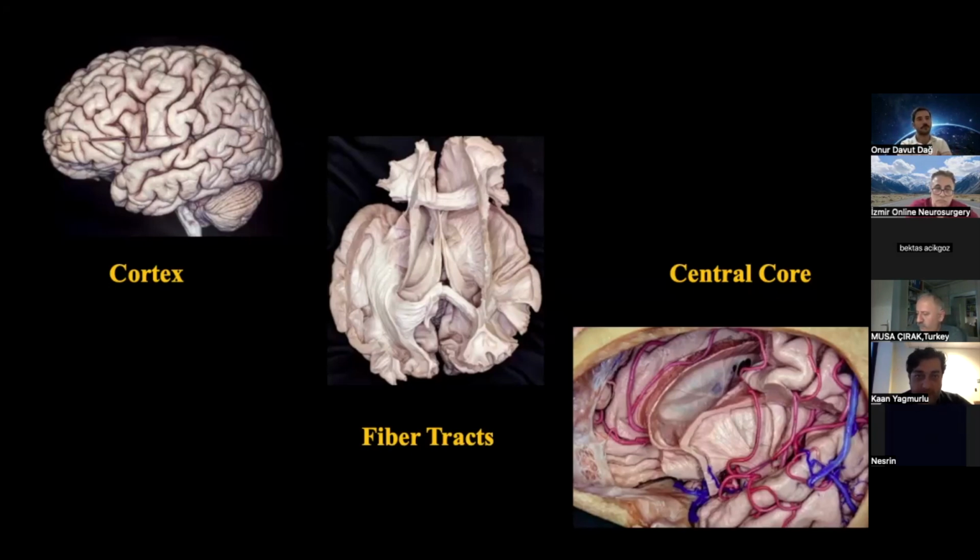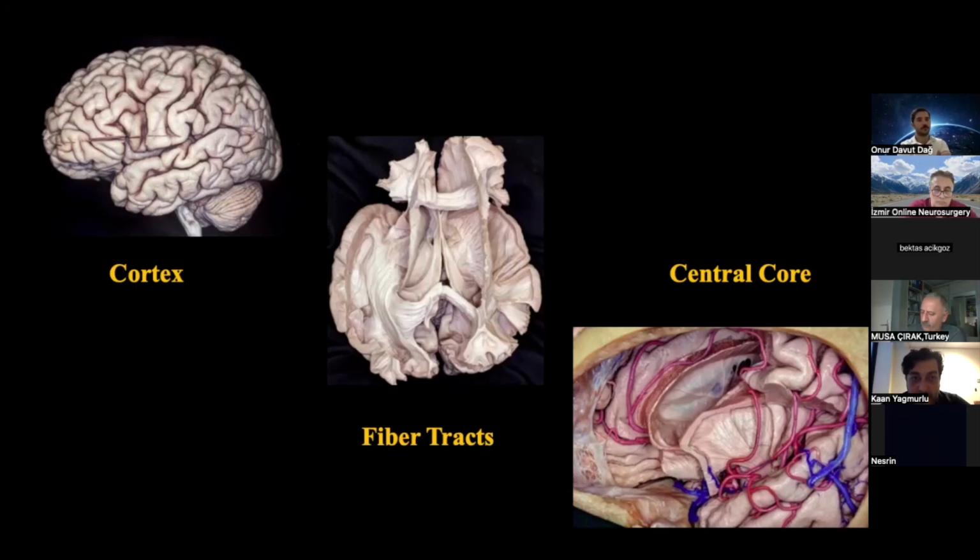What we know about these structures: the cortex has plasticity, which means in case of a tumor or after surgical manipulation, it heals itself and regenerates. But the plasticity of the fiber tracts, the white matter, is still unclear.